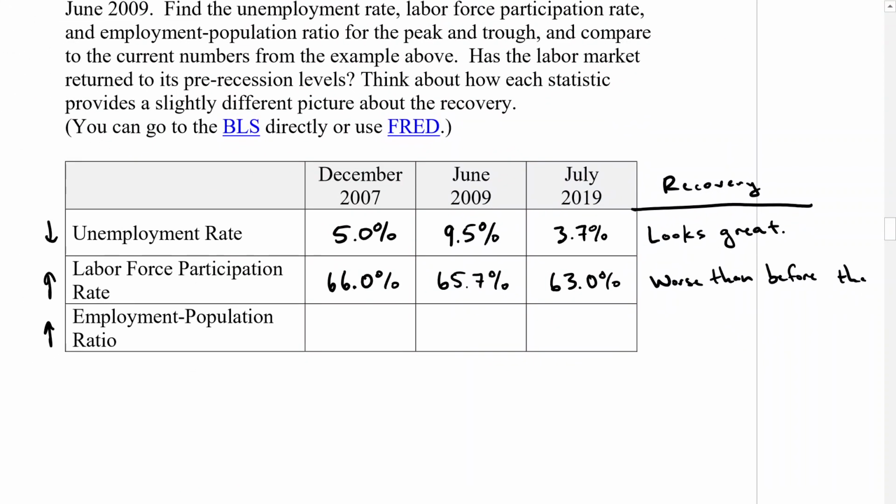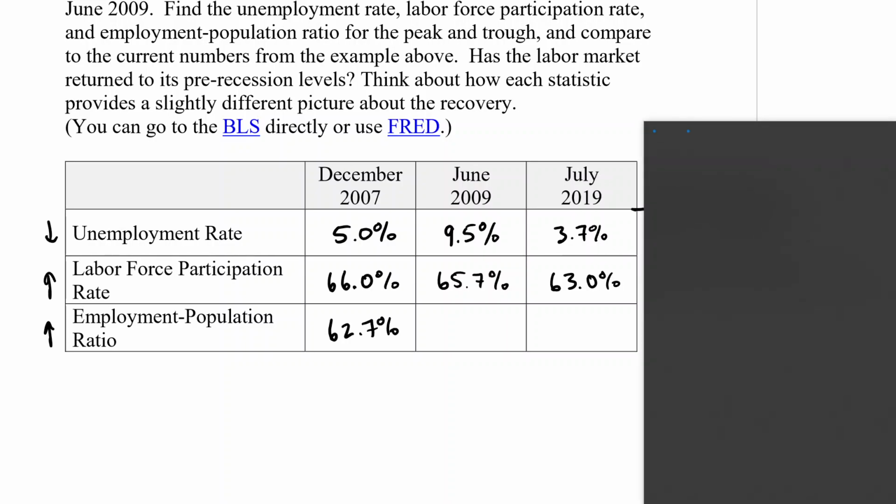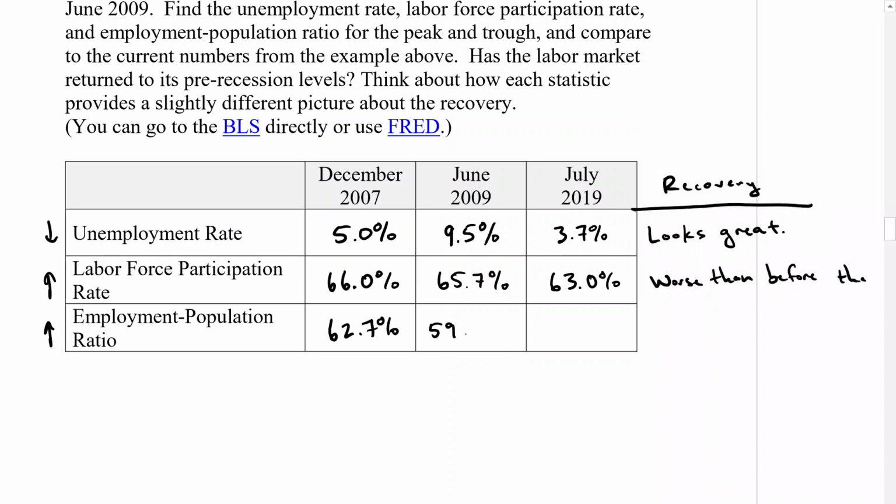Okay, and then finally, employment population ratio was 62.7. During the recession, it got worse. It went down to 59.4. And it did recover a bit, back up to 60.7%. But it still didn't recover fully back to where it was before the recession started.